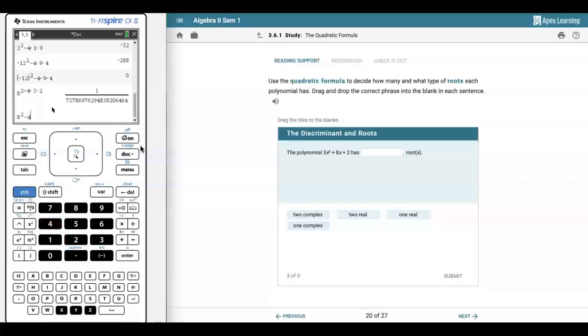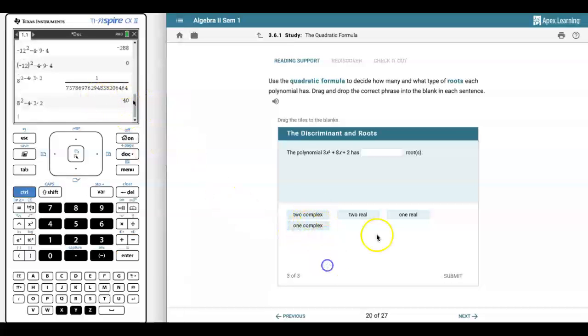Minus 4 times 3 times 2. There we go. Got 40. Since it's positive, I'm going to have 2 real roots. And again, be really, really careful with how you plug this into your calculators, or take it step by step at a time.